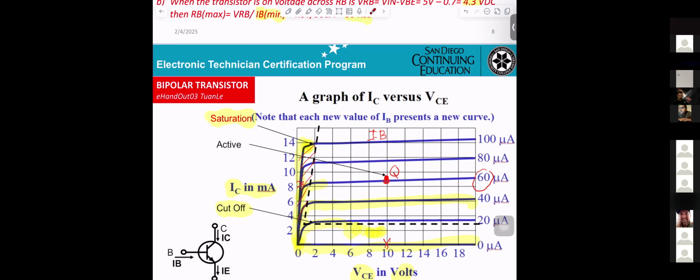For example, here you get the current IB, IC, VCE, and now you can select the resistor to make that current. However, they're telling you they don't want you to pick the point in here. Why?